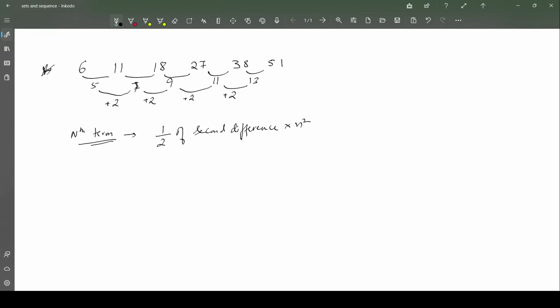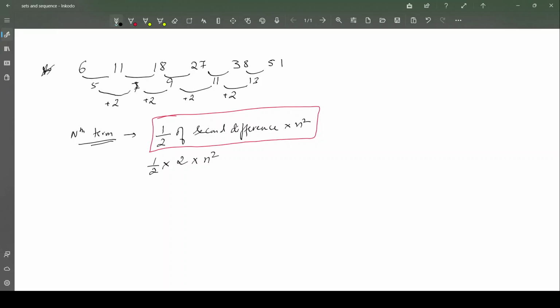Keep it in mind, half of the second difference into n square. Half of means multiply, and the second difference is 2, so you write 2 into n square. Got it? This is what you have to use in any type of second difference question: half of the second difference into n square.